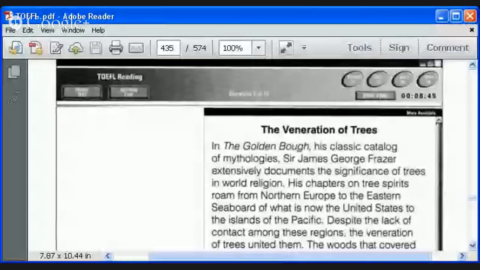Here we go. All right, on your screen, when you take the TOEFL test, by the way, it's going to look a little something like this. It may be slightly different, but basically your screen is going to look something like this.